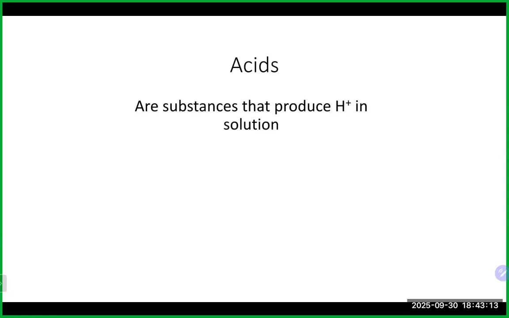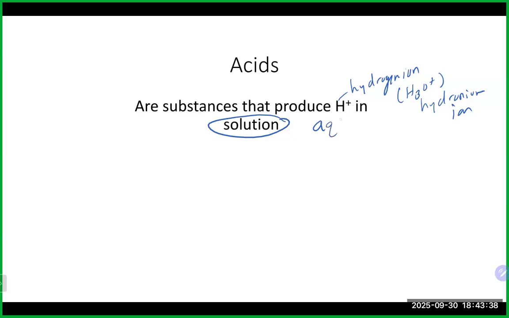H plus is obviously the hydrogen ion. It is also sometimes in acid-base chemistry referred to as H3O plus, which is the hydronium ion, which actually is a polyatomic ion. And they basically mean the same thing. They basically mean the acid part of the solution. Now, if it is a solution, that is an aqueous environment, which is AQ, means aqueous or water environment.